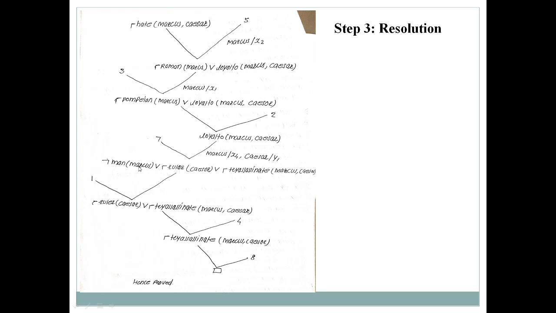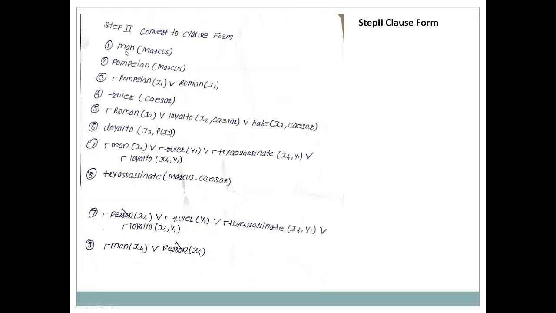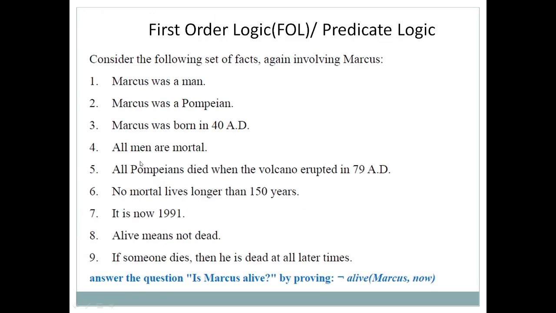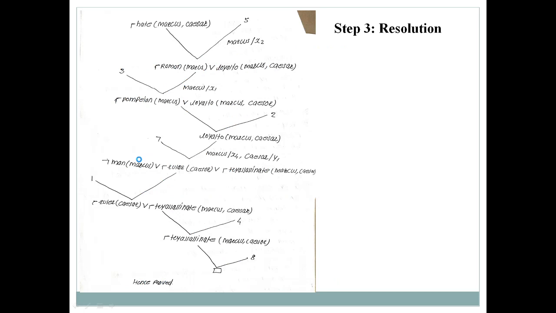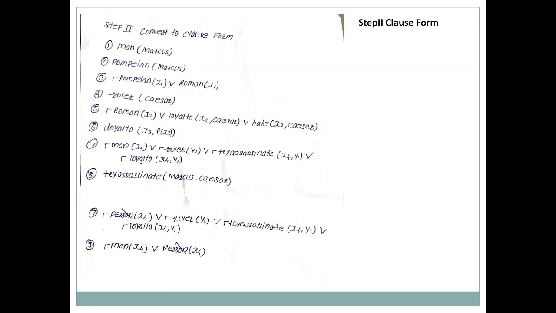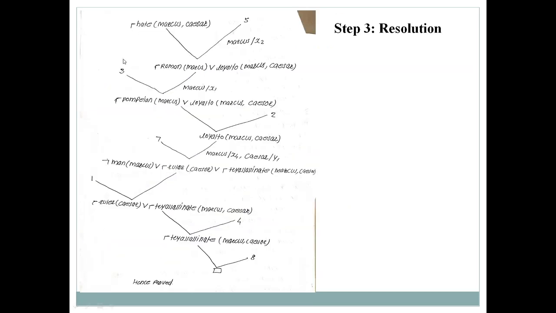We have negative man, so we have positive, so we'll try to equate with statement 1. So we have written 1 over there. So negative man and positive cancelled, so we have left with ruler and try to assassinate.